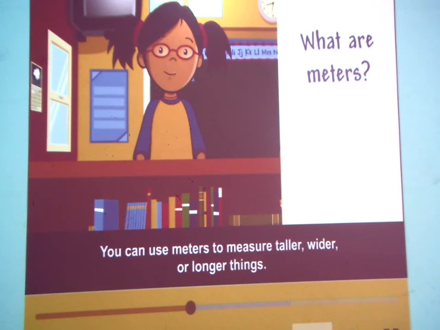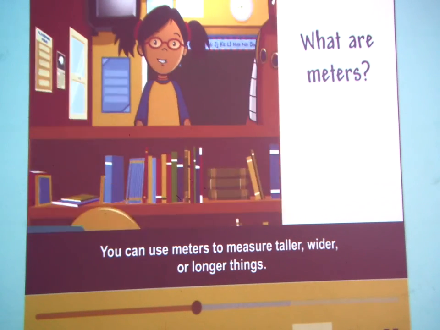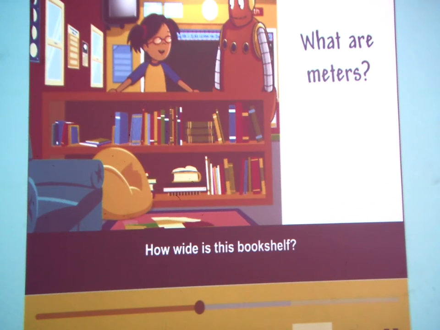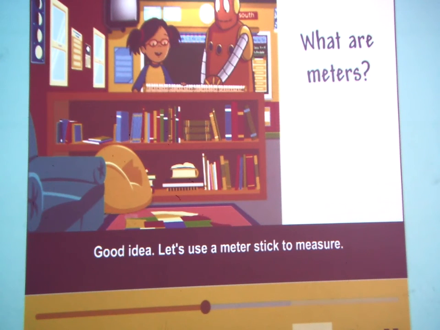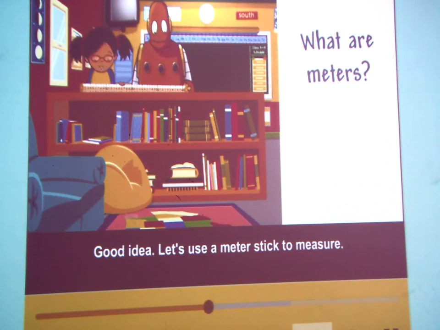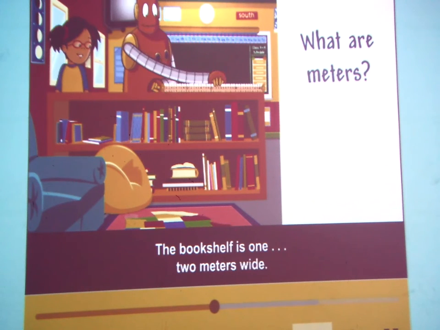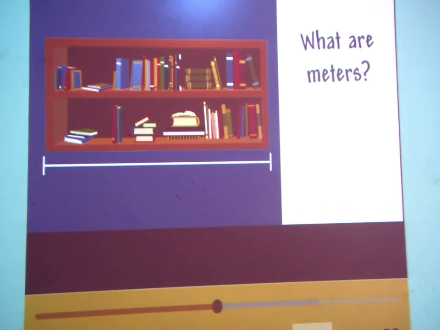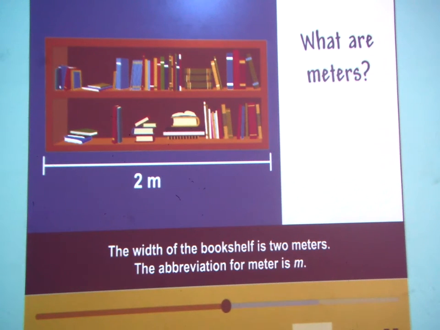You can use meters to measure taller, wider, or longer things. How wide is this bookshelf? Good idea. Let's use a meter stick to measure. The bookshelf is 2 meters wide. The width of the bookshelf is 2 meters. The abbreviation for meter is m.